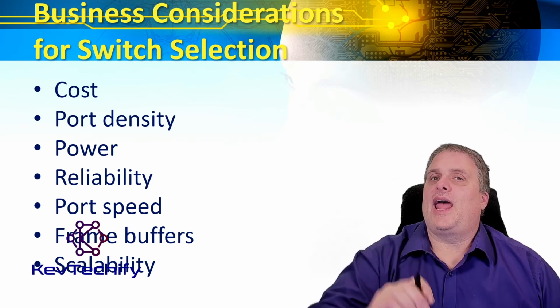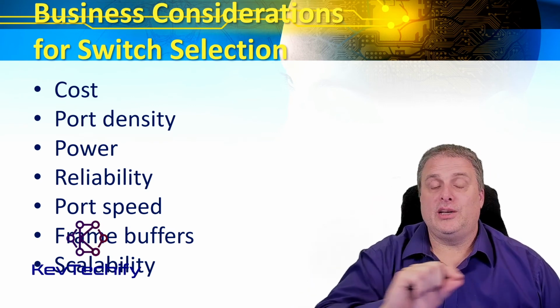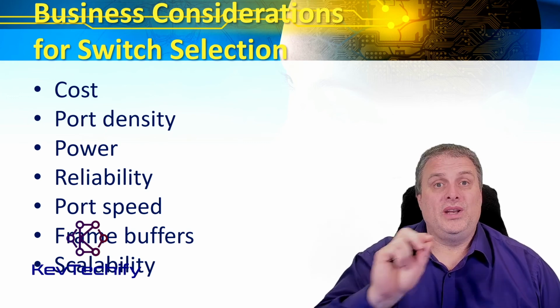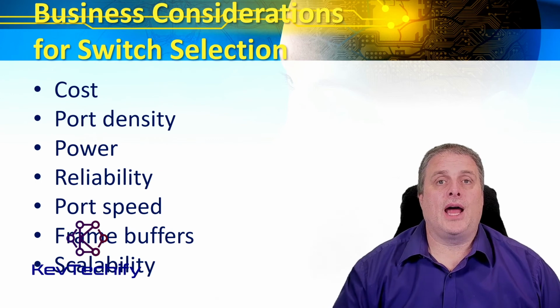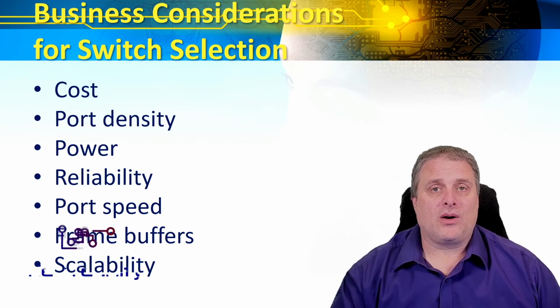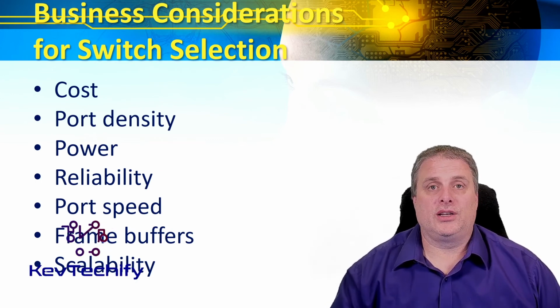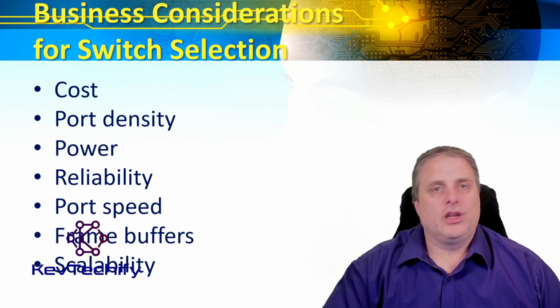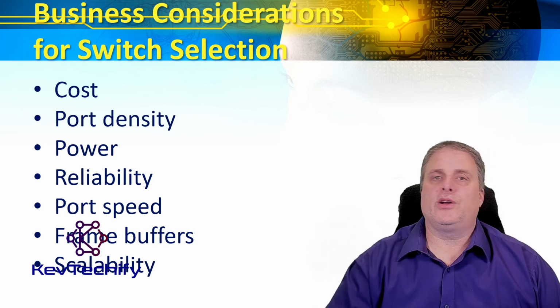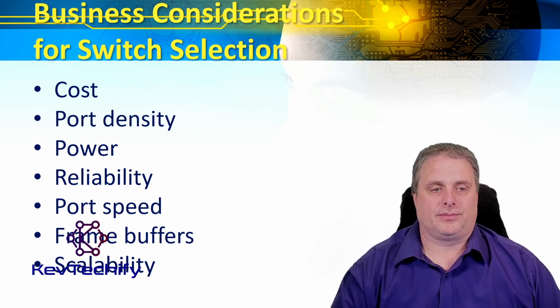We even may need to have a backup on hand. So not only do we need to buy that $2,000 switch, we need to buy a second one, put it on the shelf just in case it goes down. Because if that switch goes down and you have one on the shelf, over lunchtime you could have that new switch installed, hopefully no lost productivity or very little lost productivity.